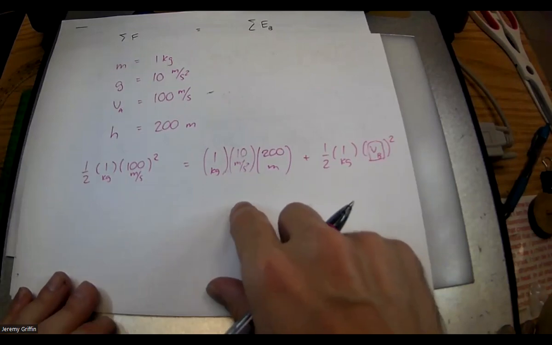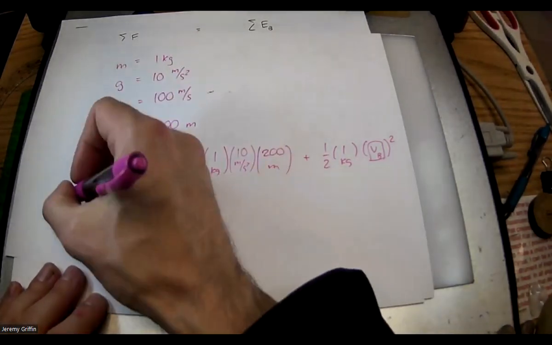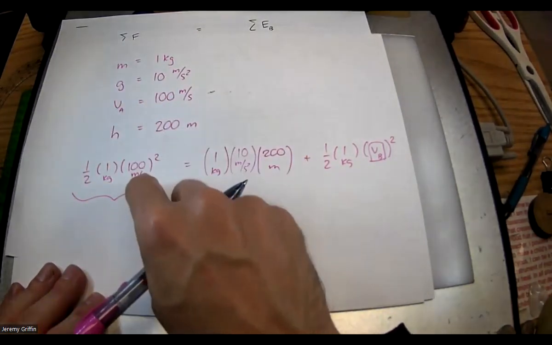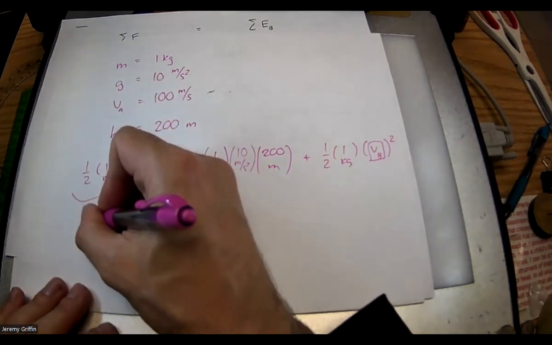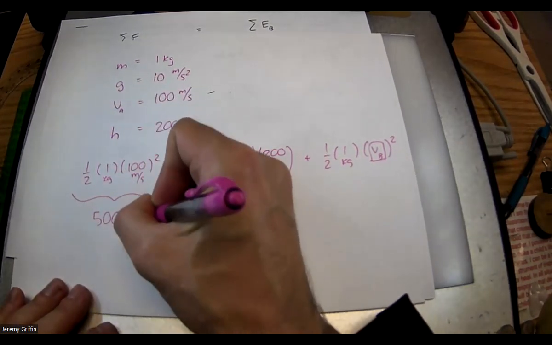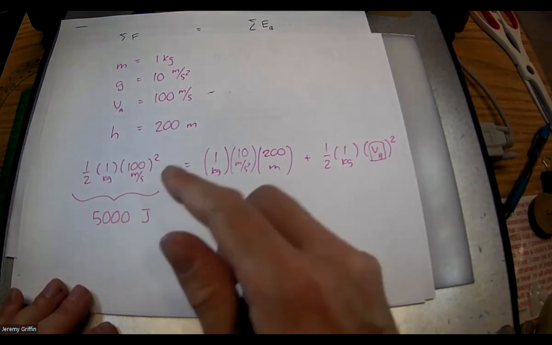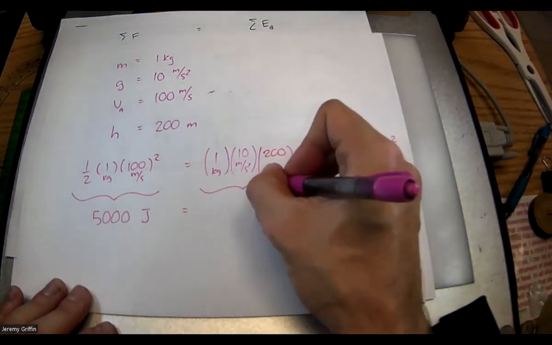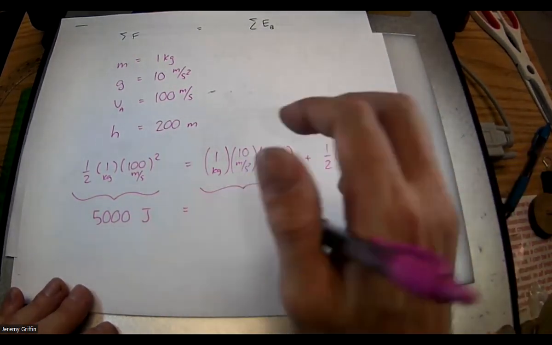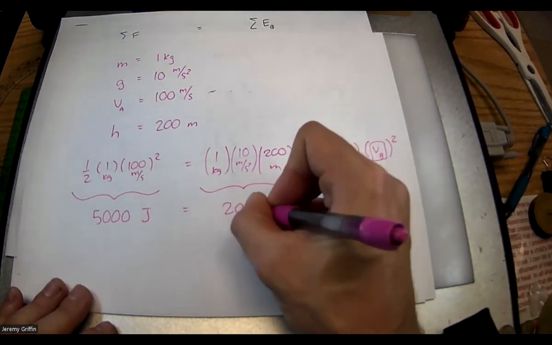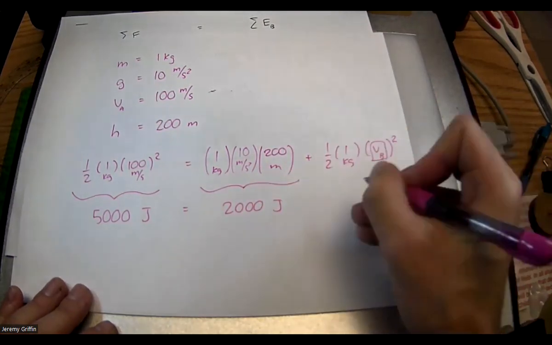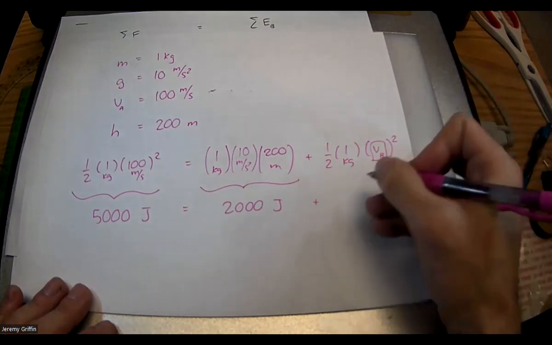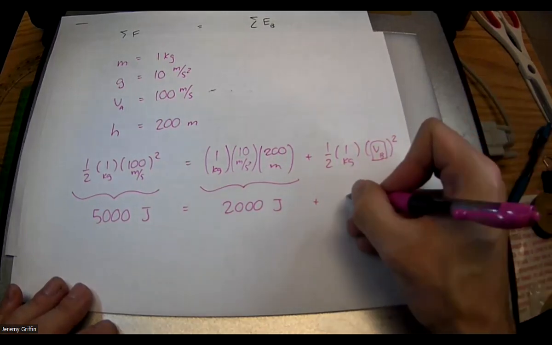Okay, so energy accounting. Here I've got 100 squared, 10,000, divided by 2. That's 5,000 joules. Do you see 5,000 joules? And let's see how many joules went into its height. Looks like 2,000 joules went into the height, and the rest is 1/2 mv squared.